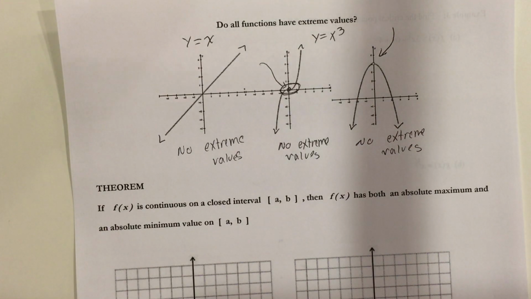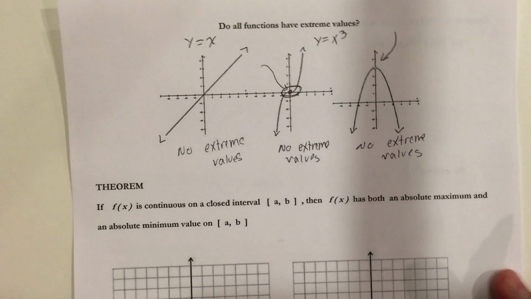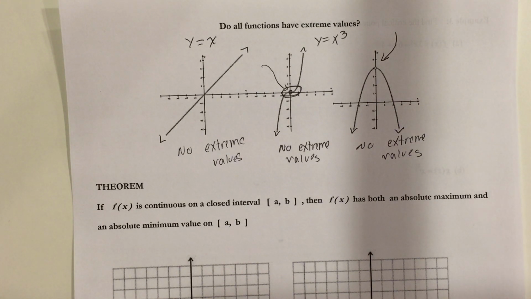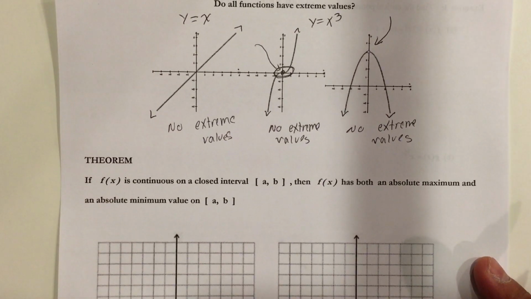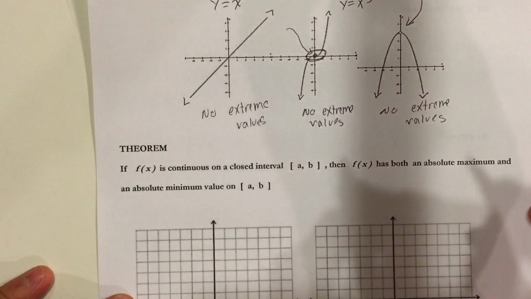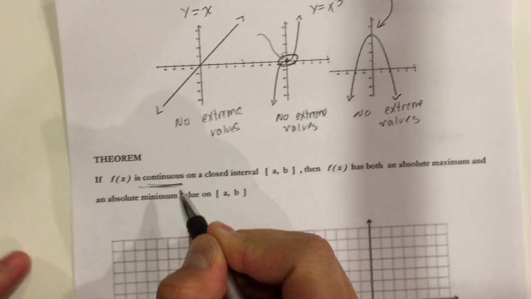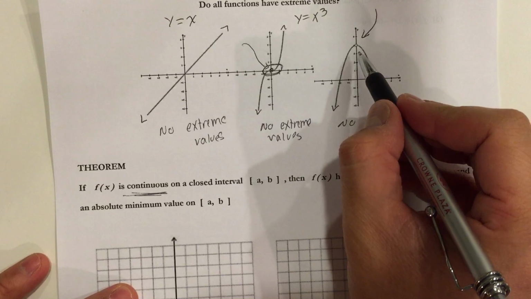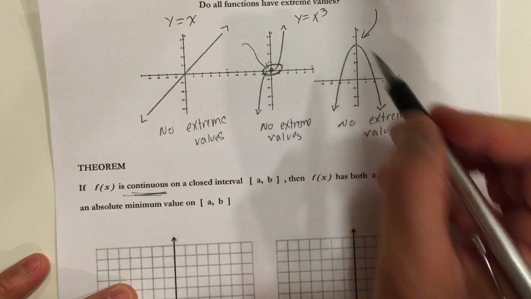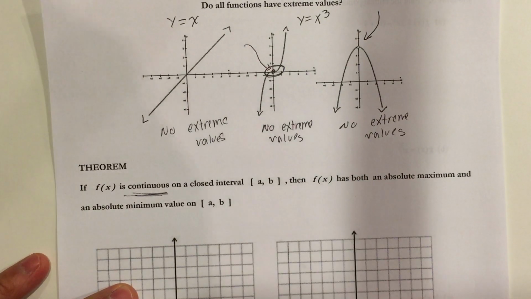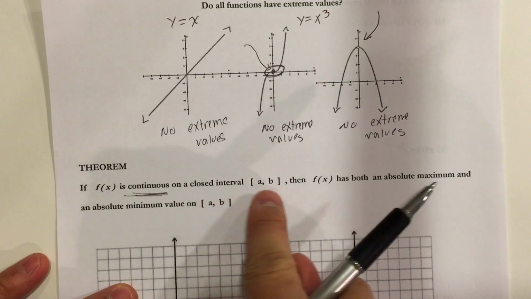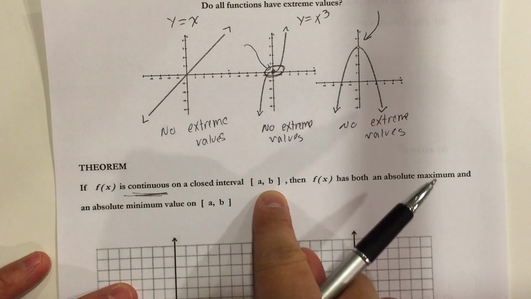So you might wonder, well, what type of function has extreme values? Well, it turns out that it's actually very simple. For a function to have extreme values, the function has to be continuous. So discontinuous is a no-no, okay? And in addition, the function has to be on a closed interval. What does that mean?